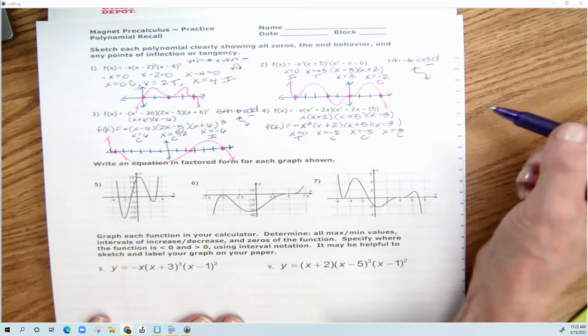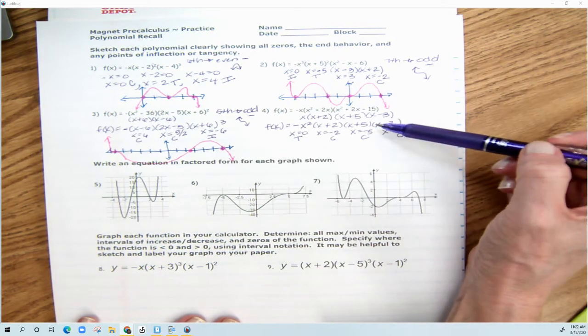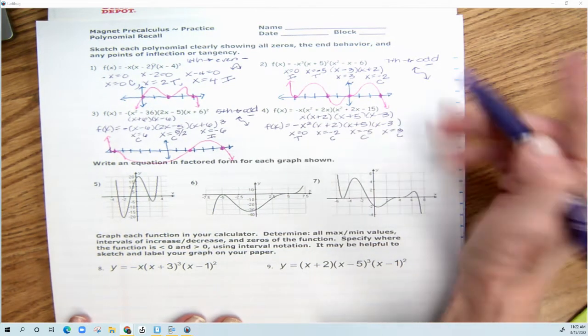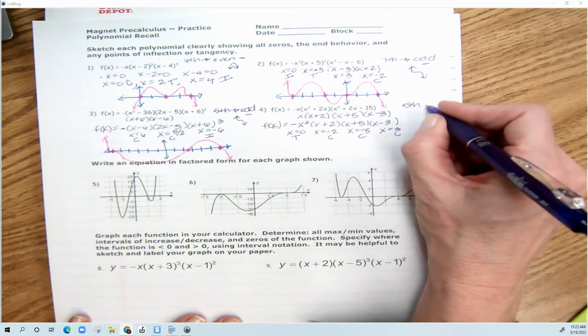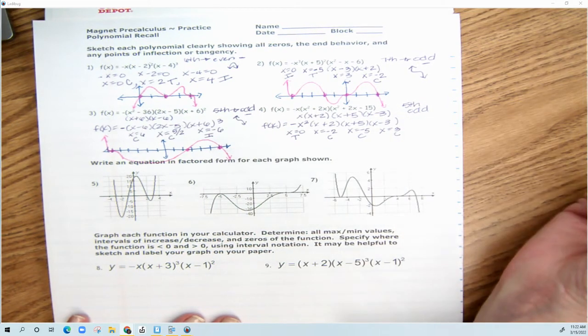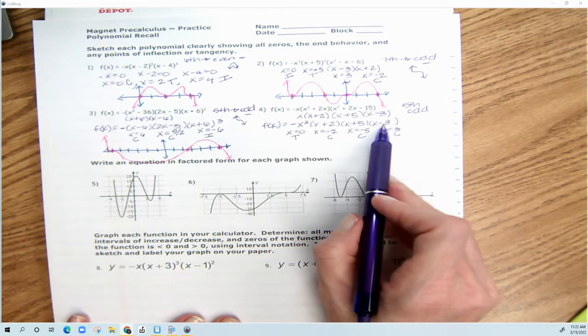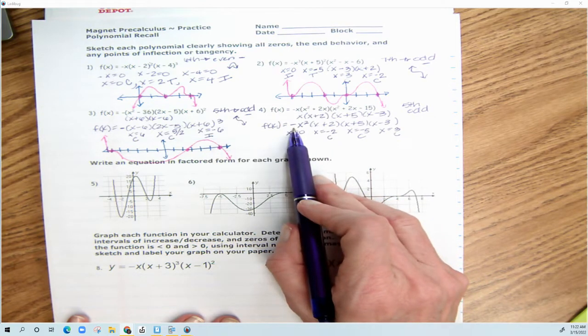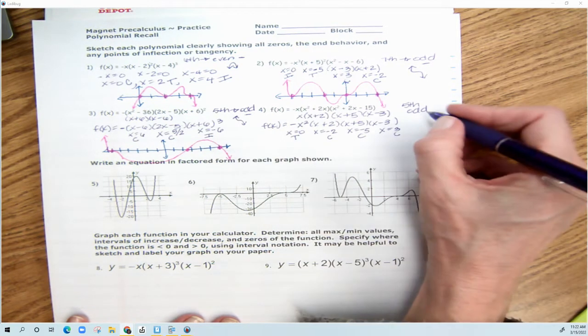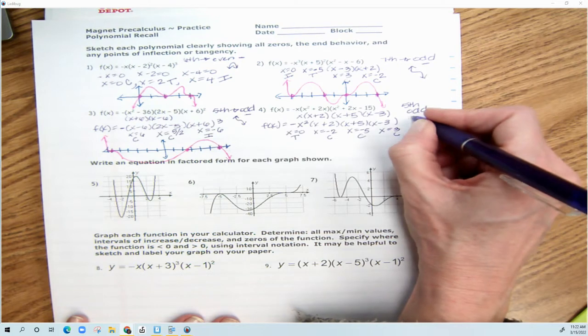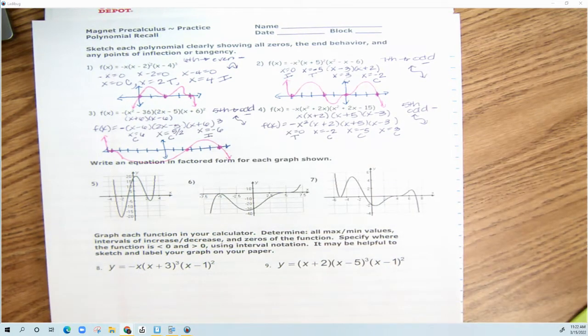As far as behavior, there's 1, 2, 3, 4, 5 x's, so that's another odd function. And all the x's are positive except for that negative on the front makes the whole thing negative. So it is another odd negative function that goes up on the left and down on the right. So time to graph.